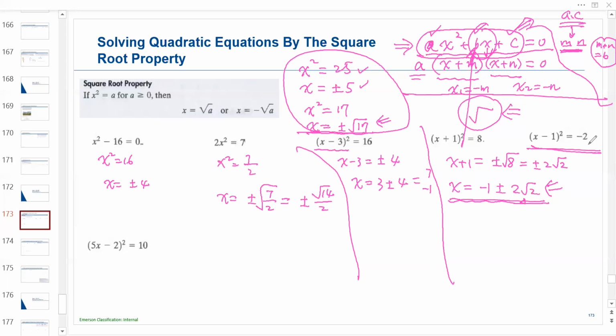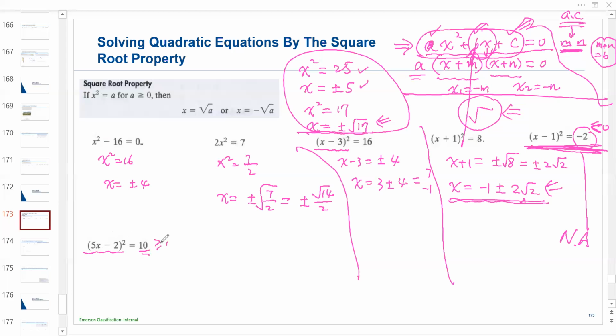Like this one, since this part is less than 0, it means there's no solution for this one, right? No solution. You cannot take the square root of both sides right now. Okay, let's see another example here, like this one. This is 5x minus 2 squared equals 10.